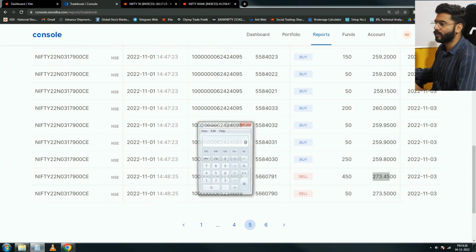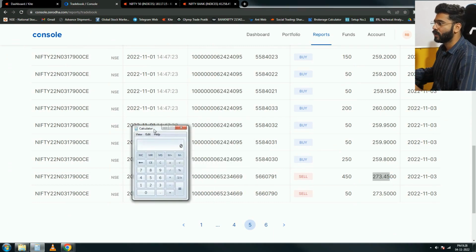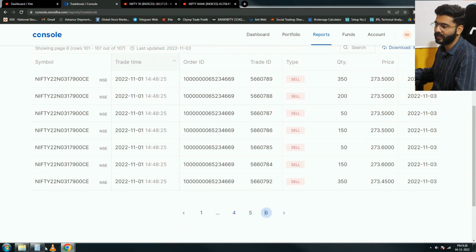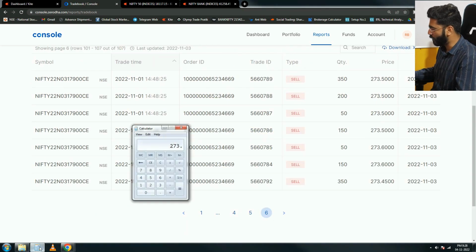Even if you randomly look at how many points we gained, let us assume 259. So we'll take 260 as the entry and 273.5 as the average exit. 273.5 minus 260 as the entry price is 13 points, into 1,800 quantities, which becomes 24,300, right?